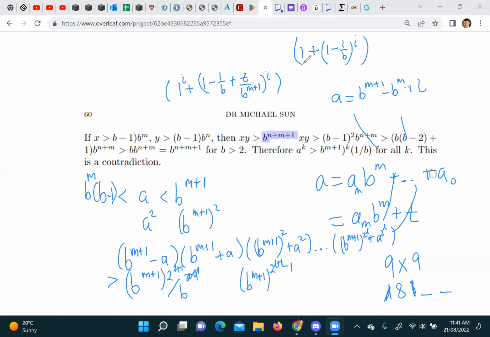On the other side, you're timesing it by b to the m plus 1 to the power of 2 to the l plus 1, plus another a to the 2 to the l plus 1. So you're timesing by something bigger. Isn't that just done? Like if you time stuff that are constantly bigger, and that a is like.